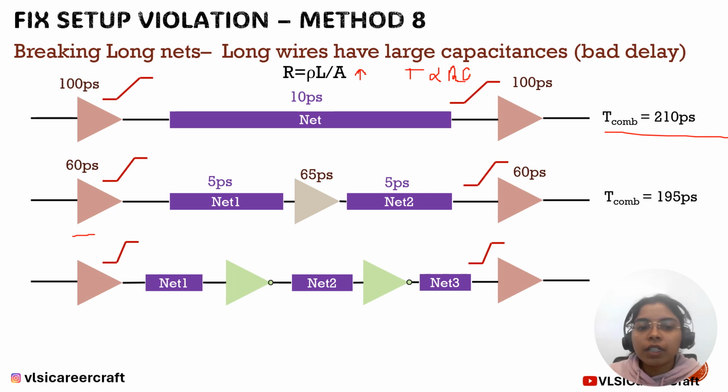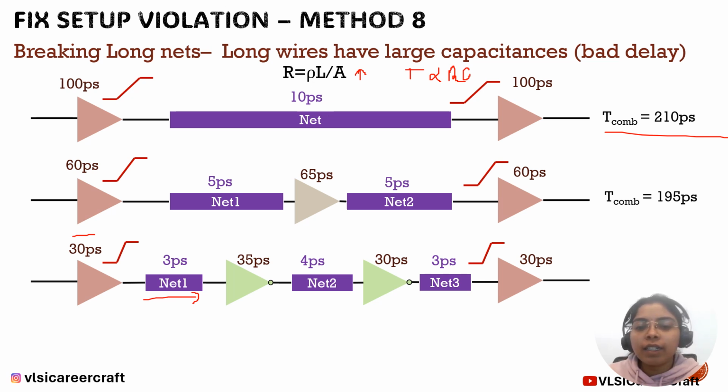So let's reduce it further by breaking the net into three parts now. Now we need to use inverters connected back to back so that we don't change the logic here. So this buffer is trying to drive an even shorter net than the previous two cases. So the transition is much better, and the delay which it is offering is 30 picosecond now.